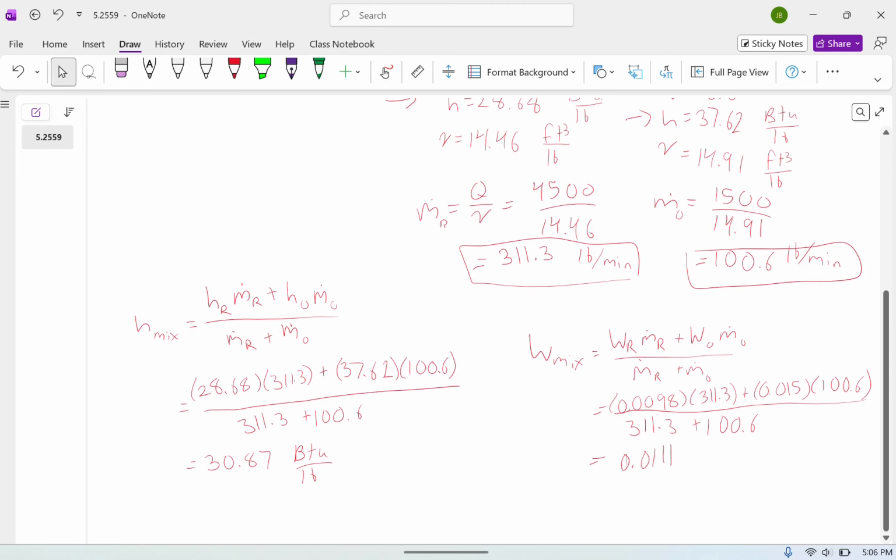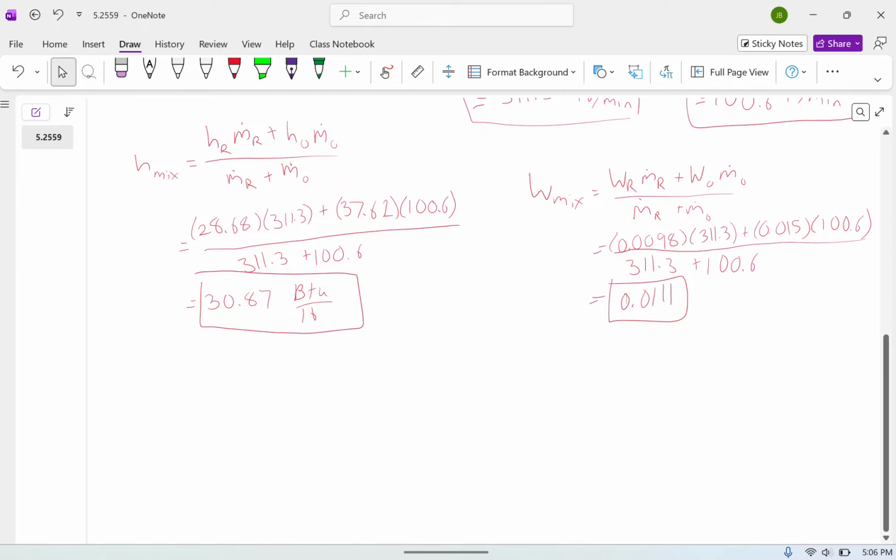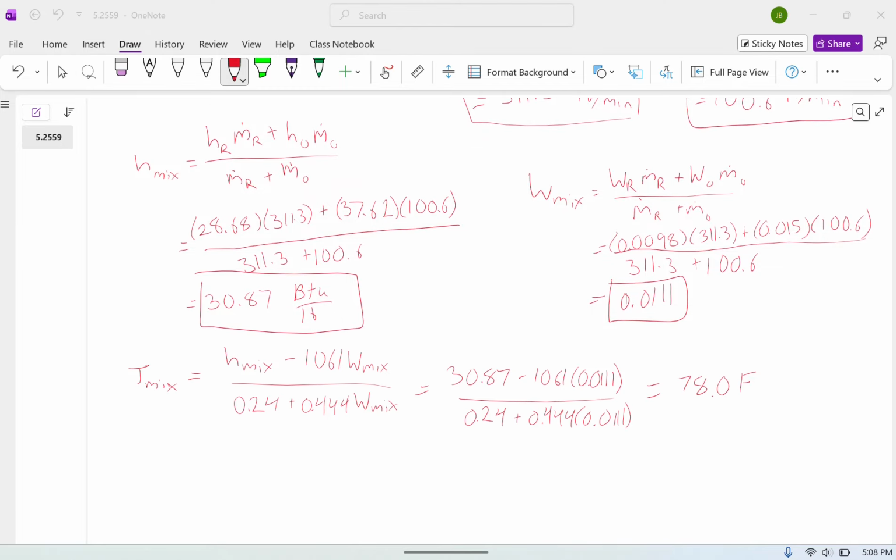I've written out both equations here and plugged in all the values from our two air streams. And from these equations, we see results of 30.87 BTU per pound of enthalpy and a humidity ratio of 0.0111 for our mixed airstream.